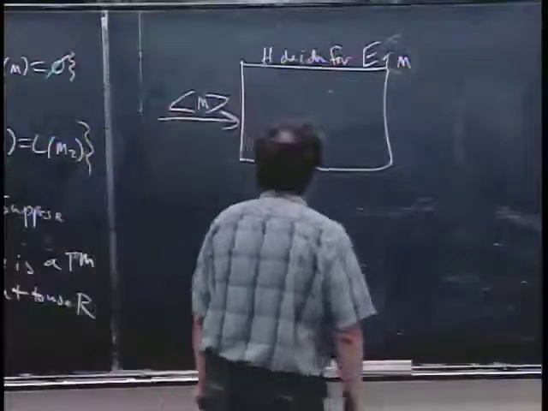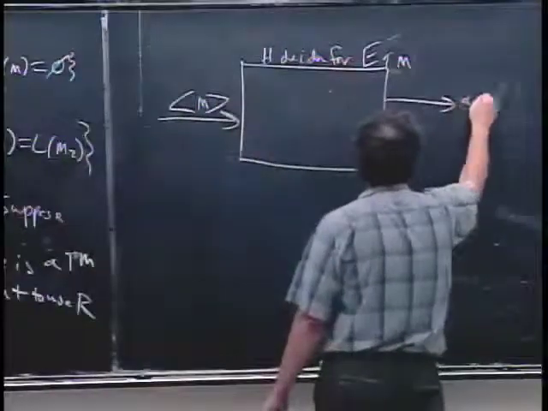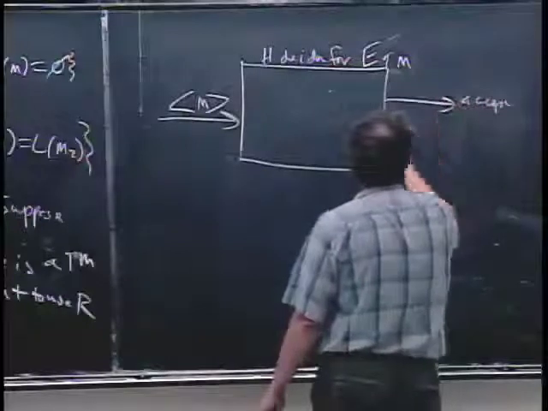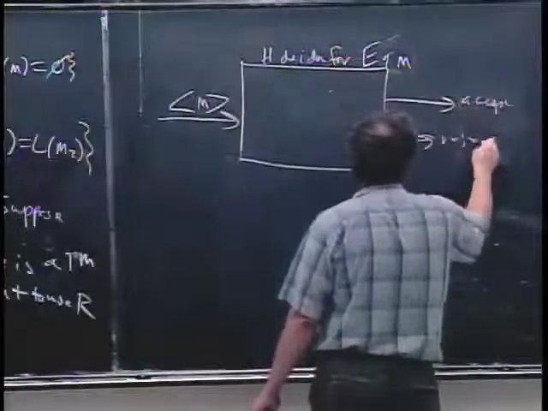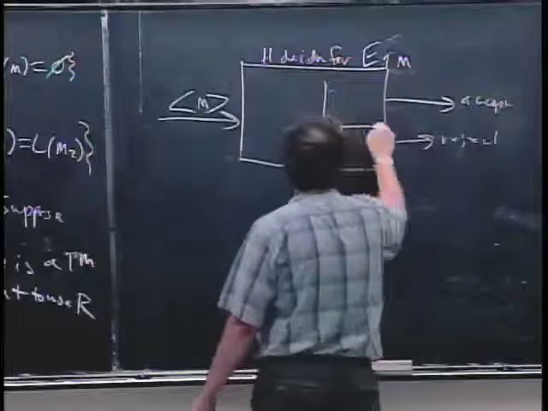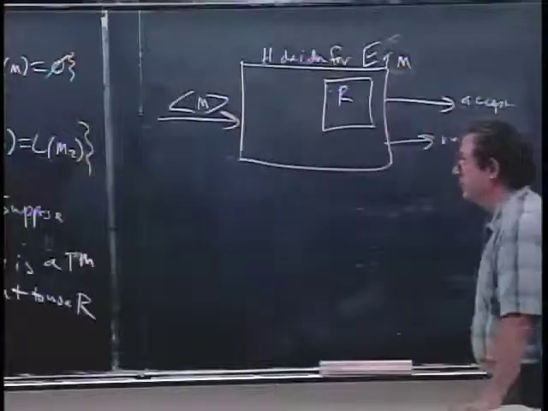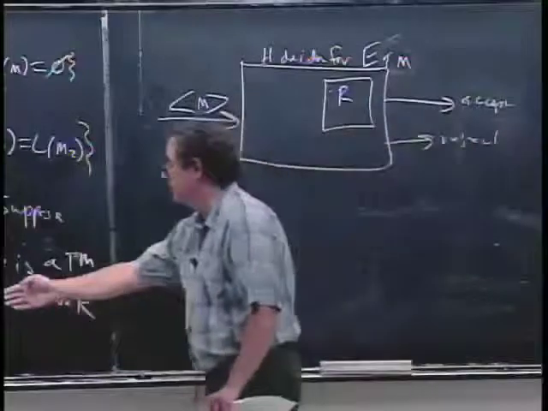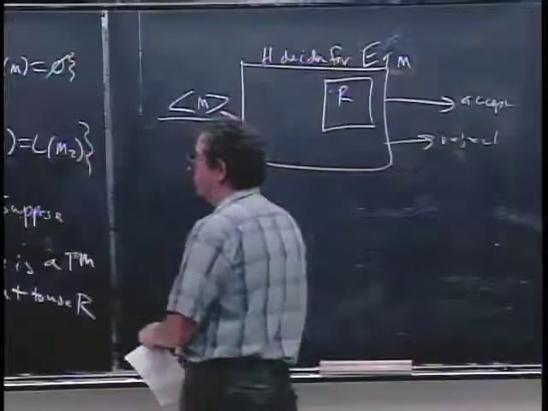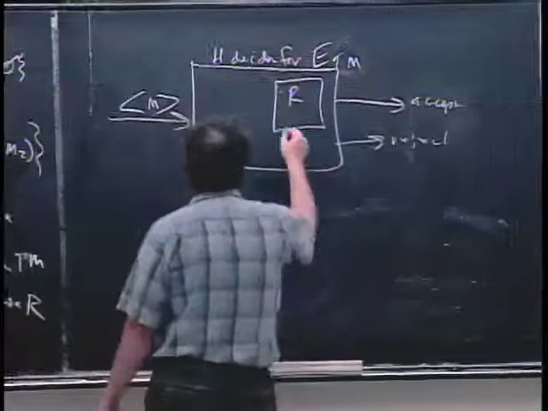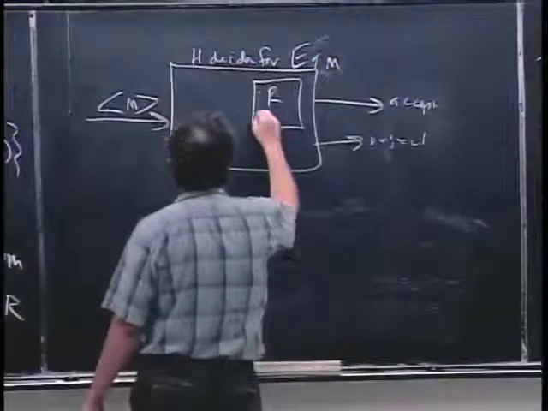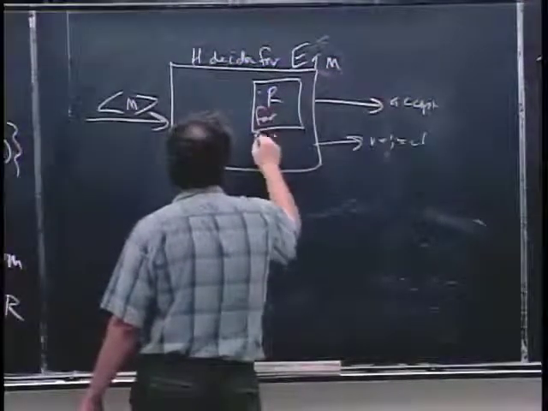Okay, and then of course we need an accept and a reject, and we know inside here we're going to have this R, the supposed R, which can decide EQTM.